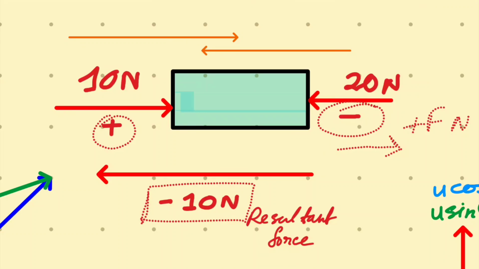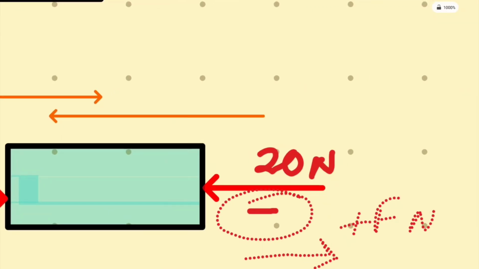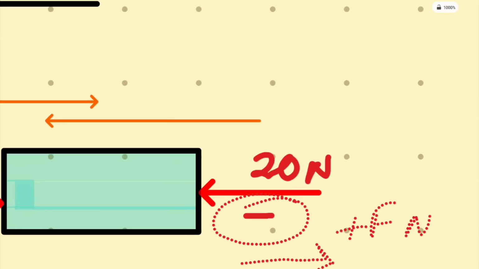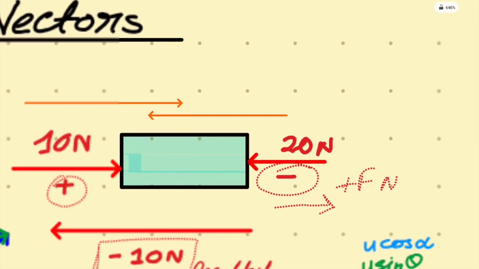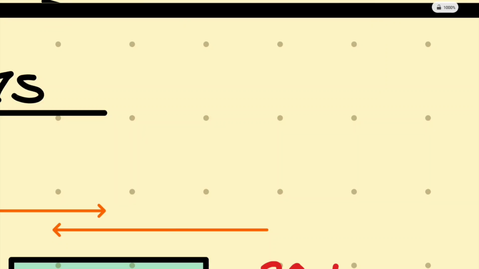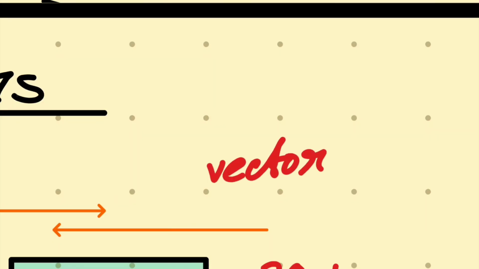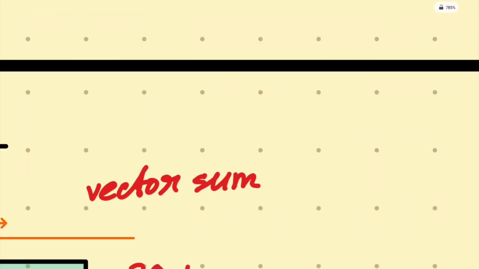The vector sum, or the difference of the vectors, is my resultant force. It is called the vector sum. The vector sum is the magnitude of the resultant.